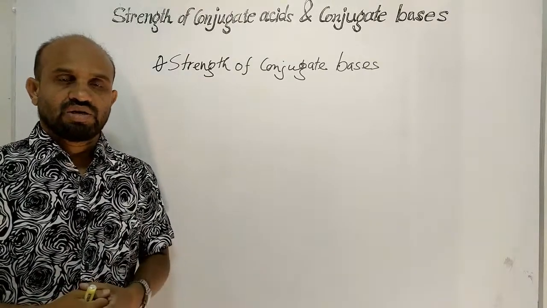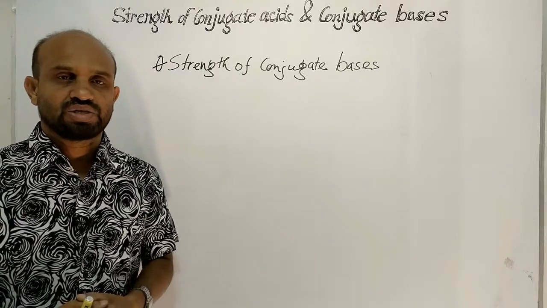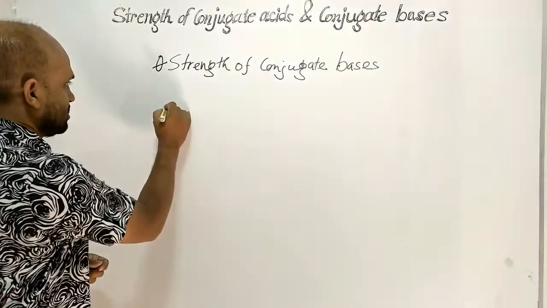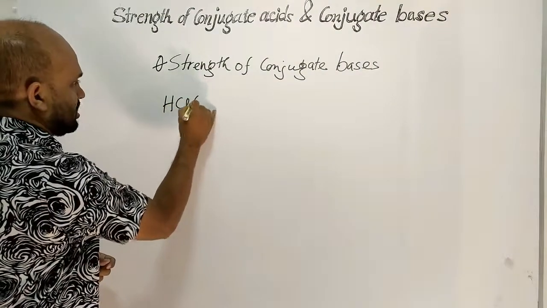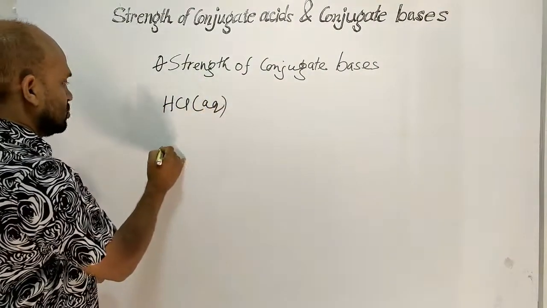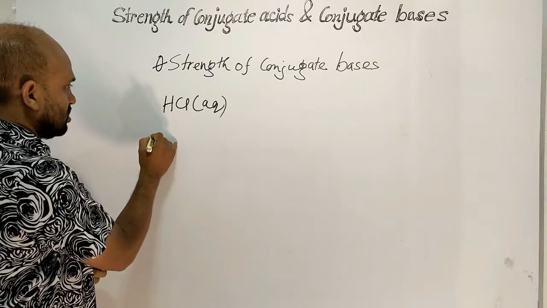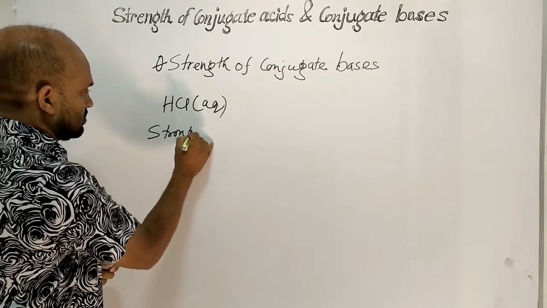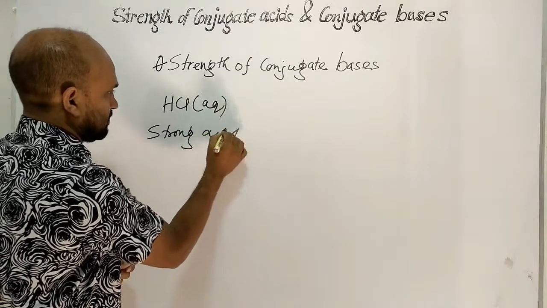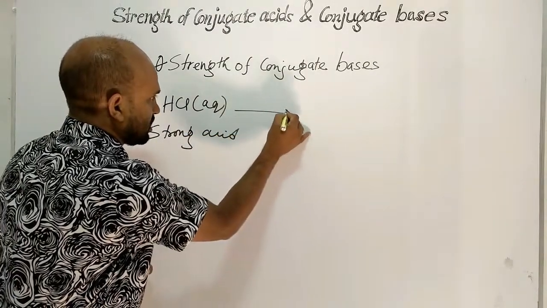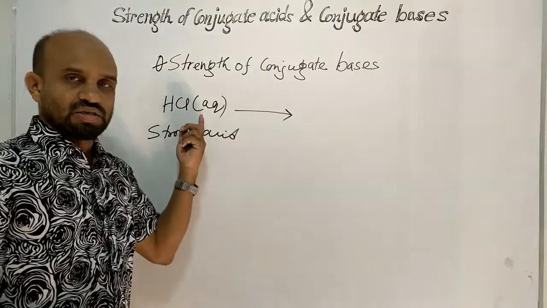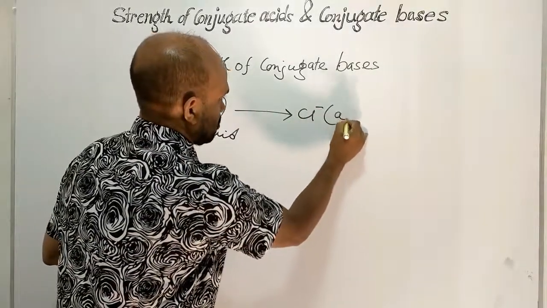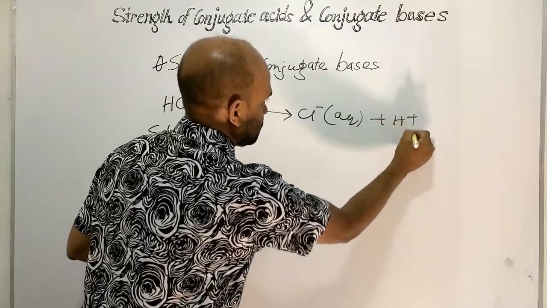Now let's consider a strong acid from which conjugate base is formed. Strong acid is hydrochloric acid, which is a strong Bronsted-Lowry acid. Since it's a strong acid, it ionizes very easily, and then chloride ion and proton are formed.